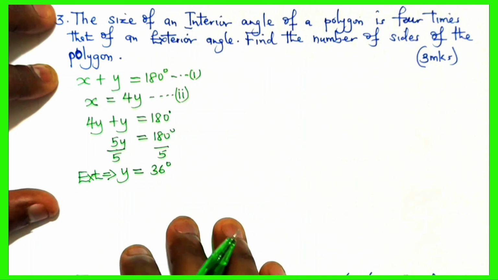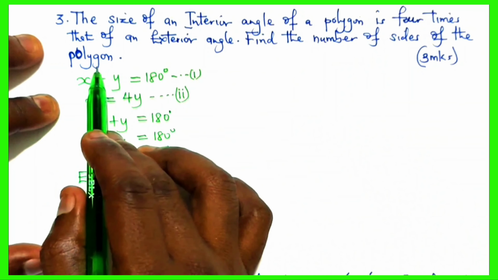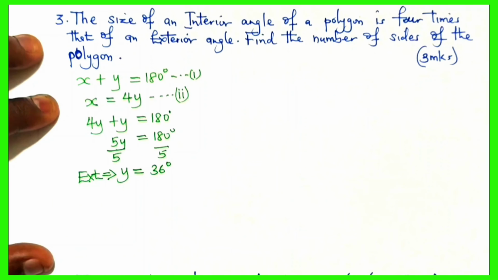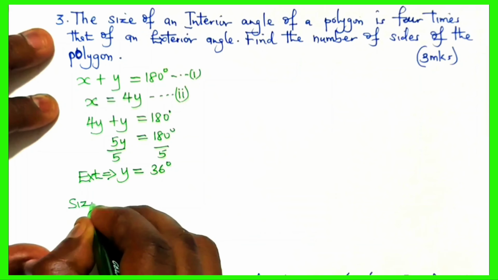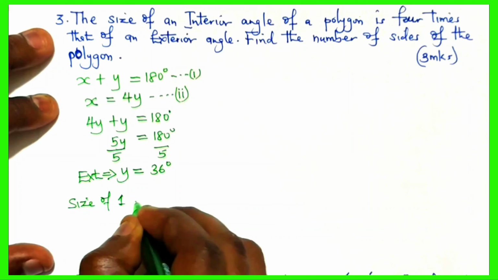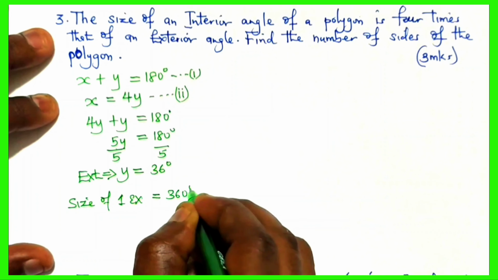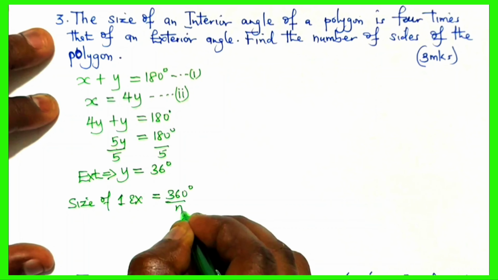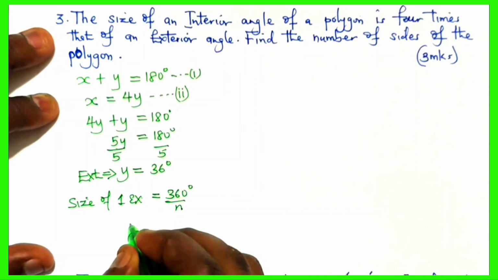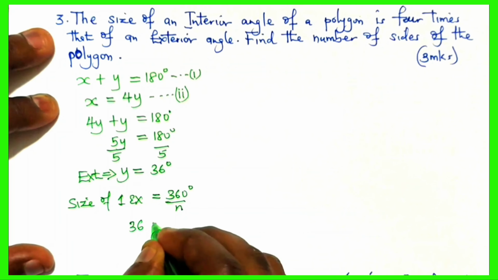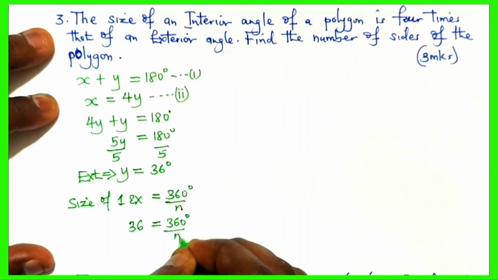I don't need to find the interior angle because my interest here is finding the number of sides of the polygon. So straight away I go to the fifth law, which states that the size of one exterior angle will be equal to 360 degrees divided by n. And since my exterior angle here is 36, I'm going to have here 36 will be equal to 360 degrees divided by n.